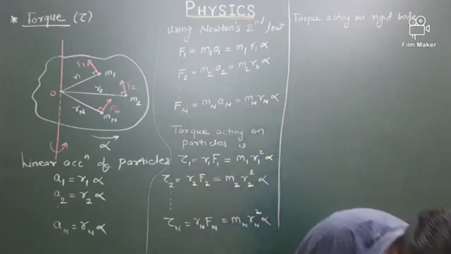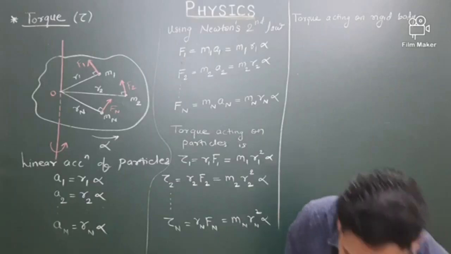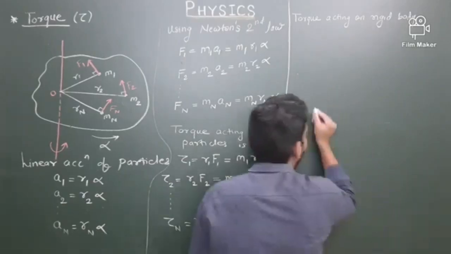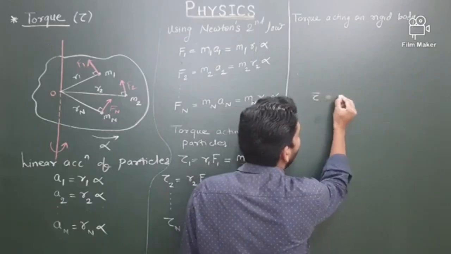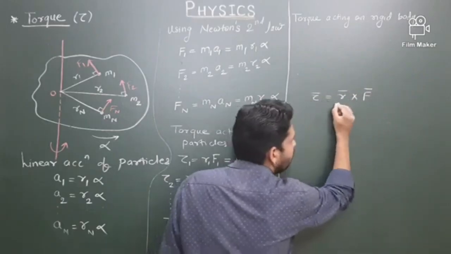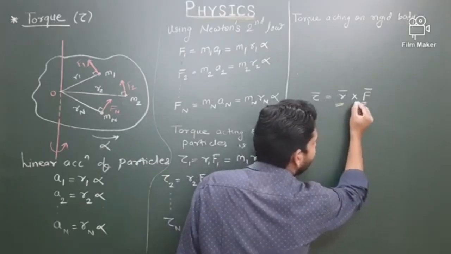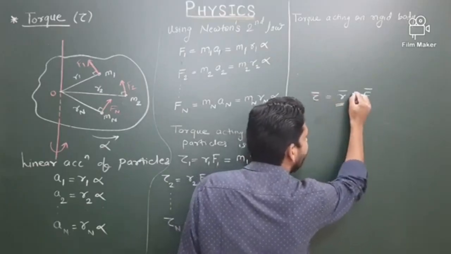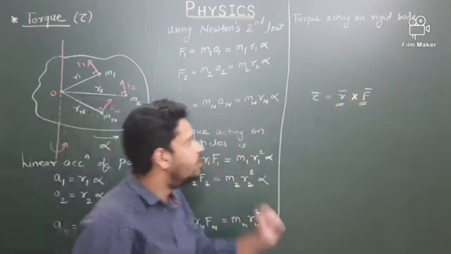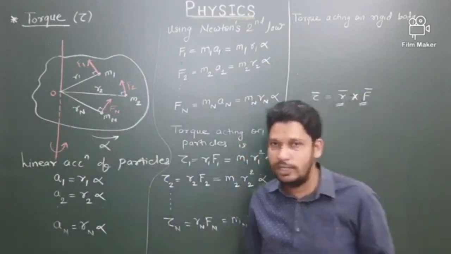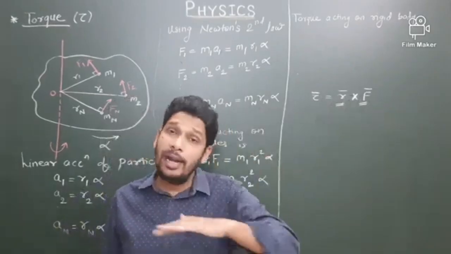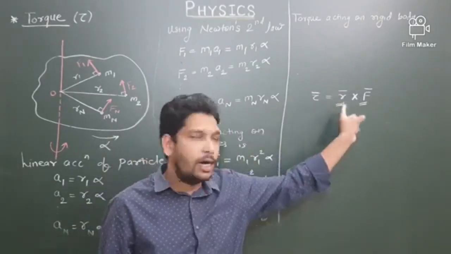Okay, so we will check the direction. Look, the formula I wrote earlier, I am writing again. Tau bar is equal to r bar cross f bar. So r bar is a vector, f bar is a vector, and torque is also a vector, therefore it is a cross product. Whenever there is a cross product, you should remember 2 points. First, the direction of torque is perpendicular to the plane of r and f.